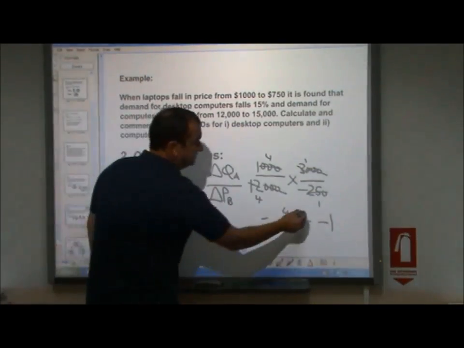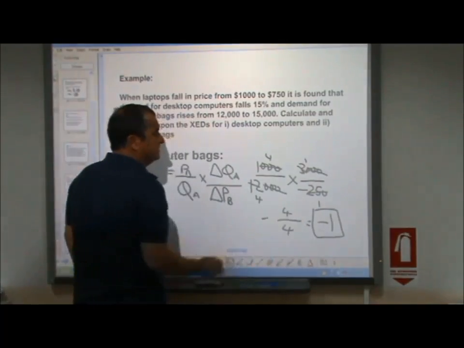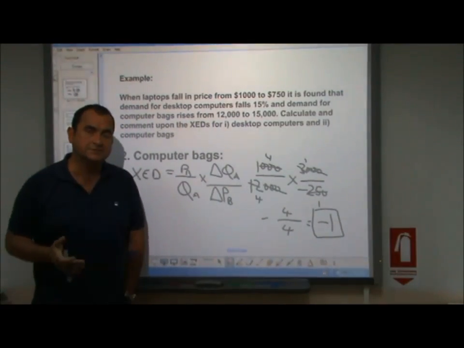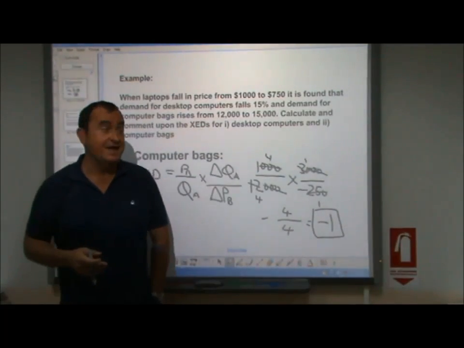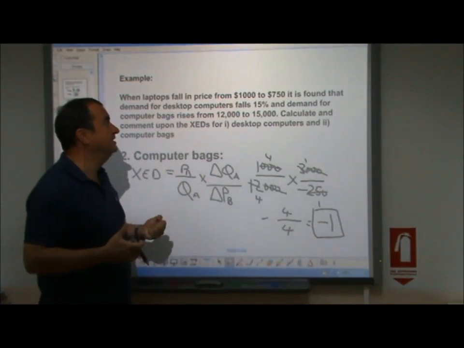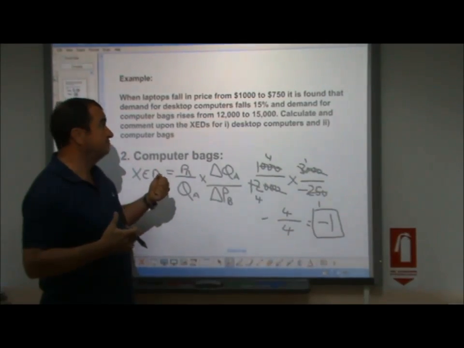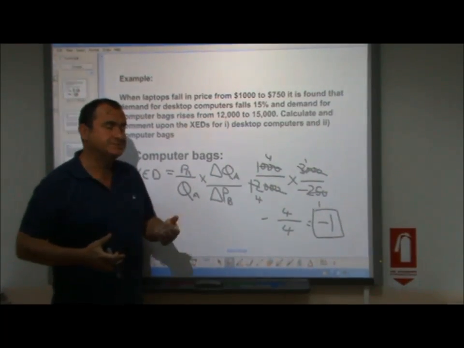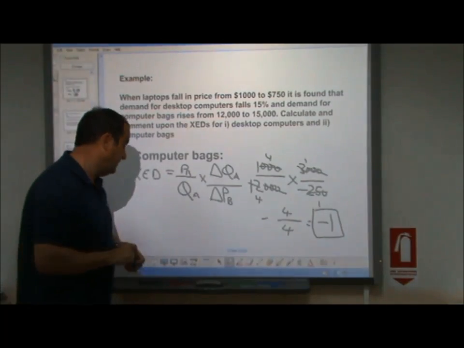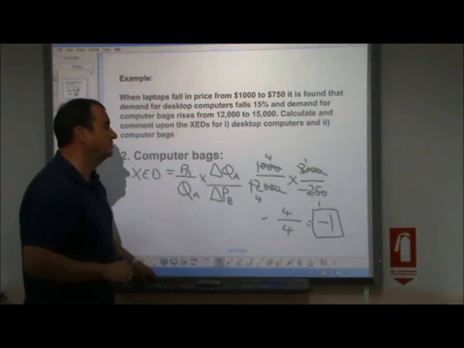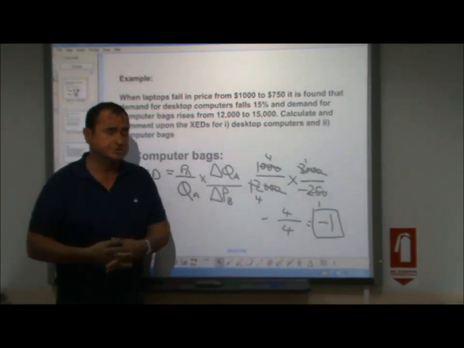And that tells me, of course, the sign, minus, tells me that these goods are complements, and very strong complements. Every 1% drop in the price of laptops led to a 1% rise in the demand for computer bags. So a very strong complement good.